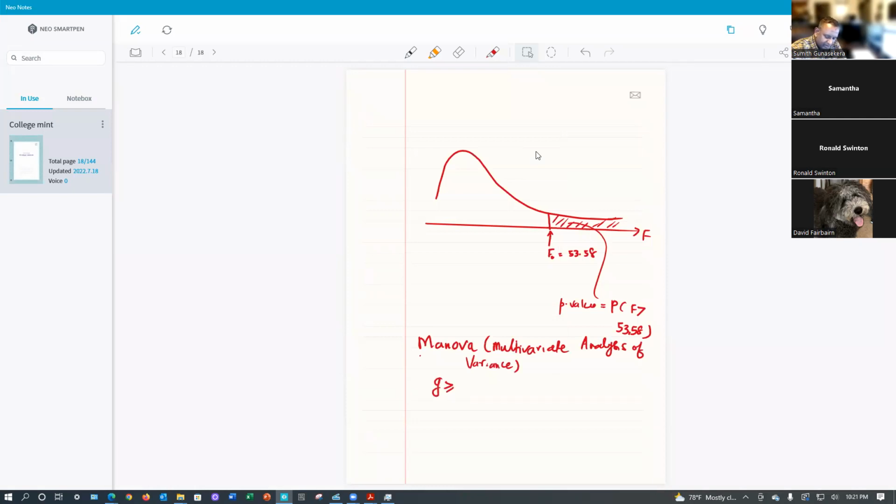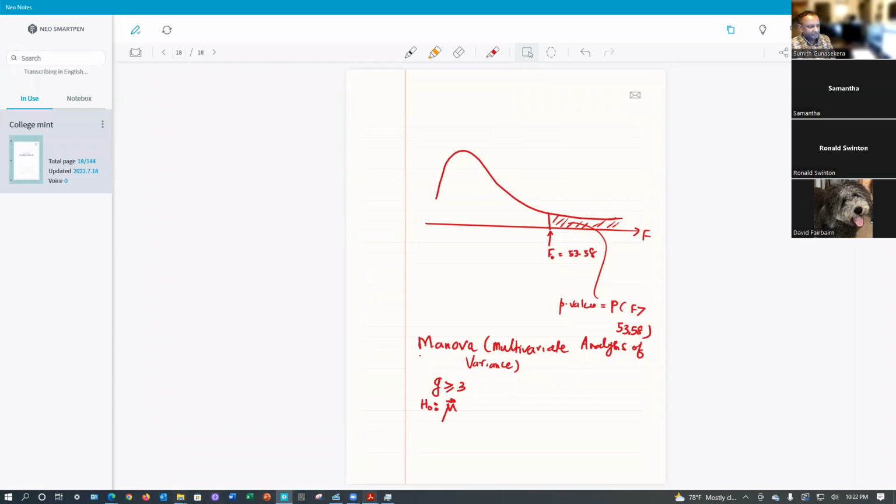More than 3 groups, 3 or more than 3. Okay. So here, our H naught should be what? Mu for what? Vector mu. Each one has how many? How many do we have?